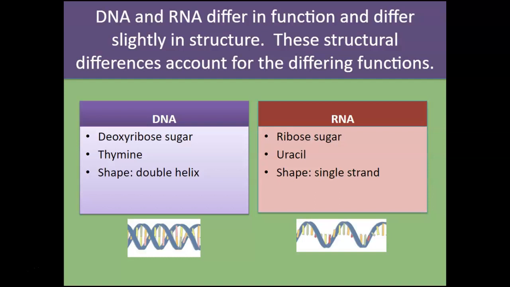It's important to know the differences between DNA and RNA. I'll let you read these on your own and remember back to 9th grade biology. And we will cover this much more, especially its function, in our upcoming units.